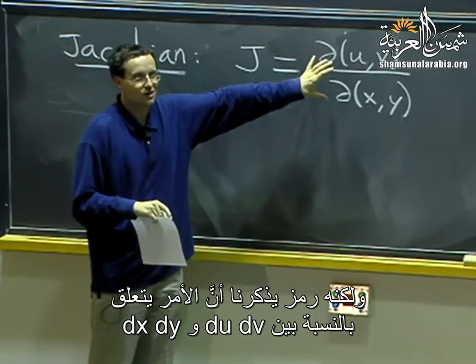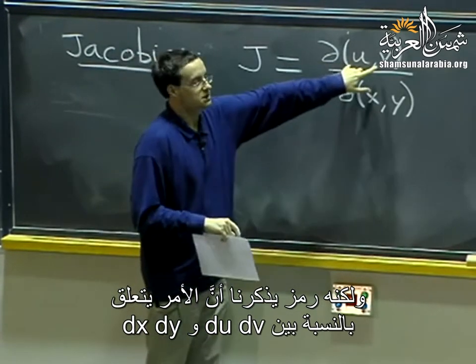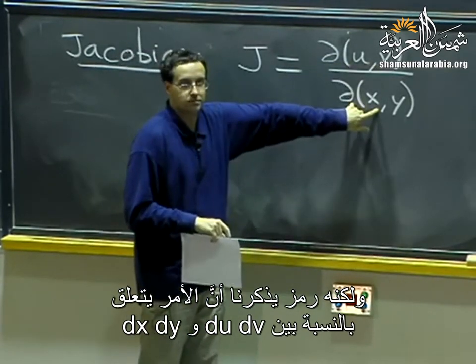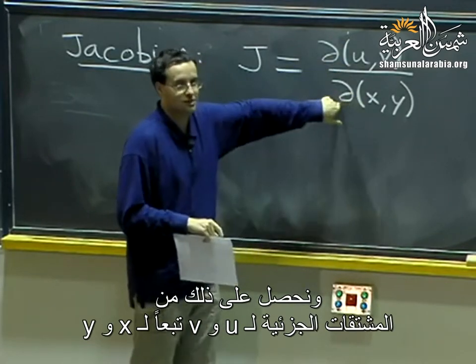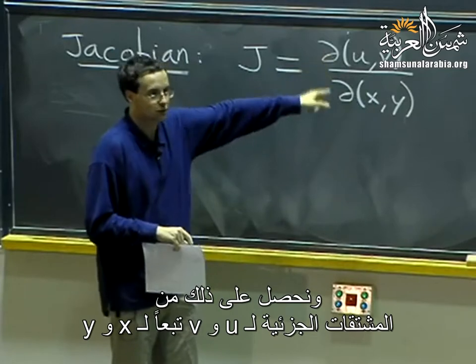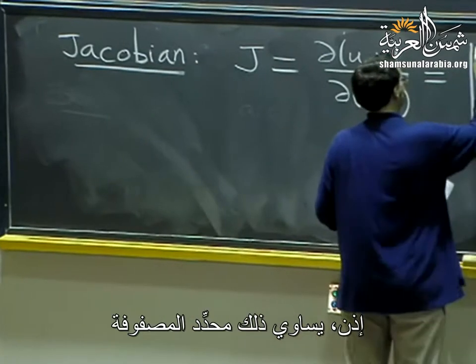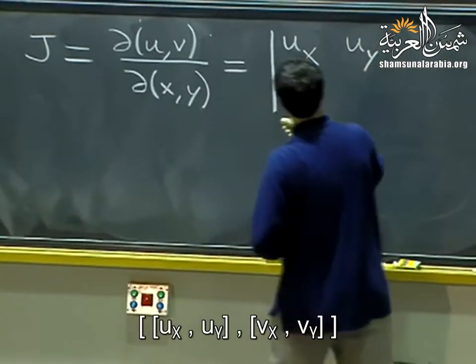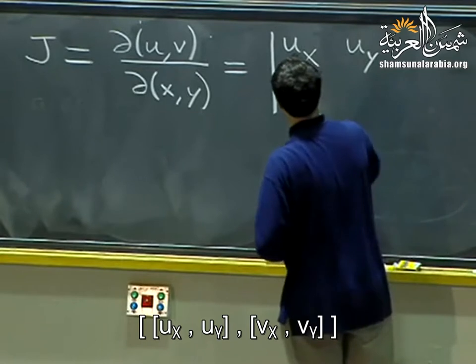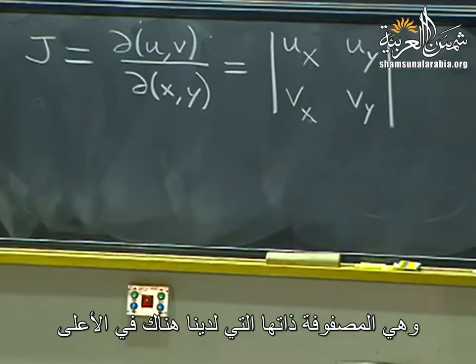It's just a notation to remind us that this has to do with a ratio between du dv and dx dy. It's obtained using the partial derivatives of u and v with respect to x and y. So it's the determinant of a matrix: u sub x, u sub y, v sub x, v sub y. The matrix that I had up there.